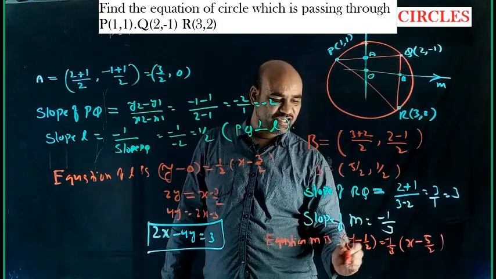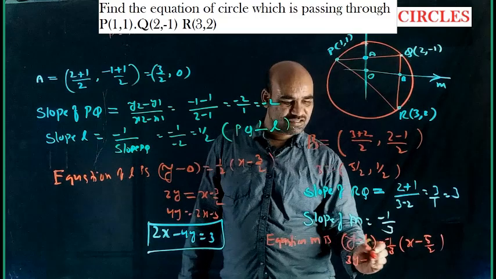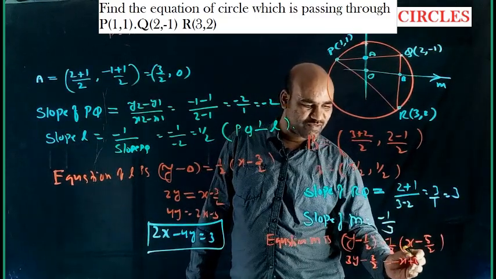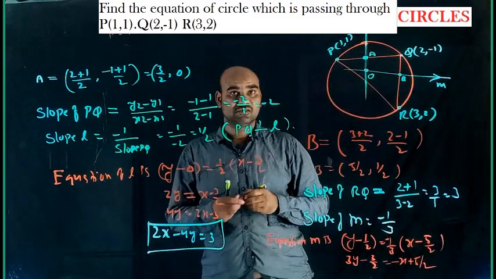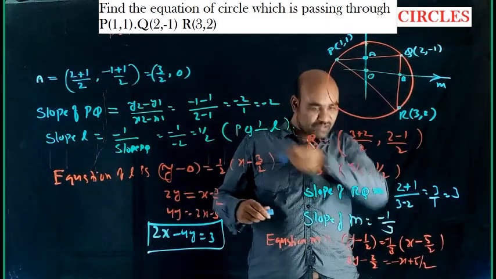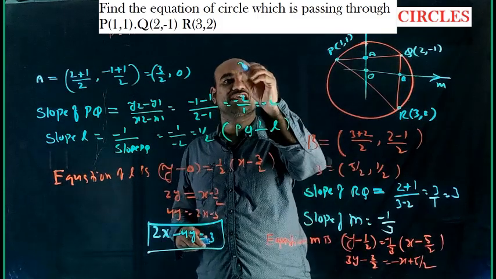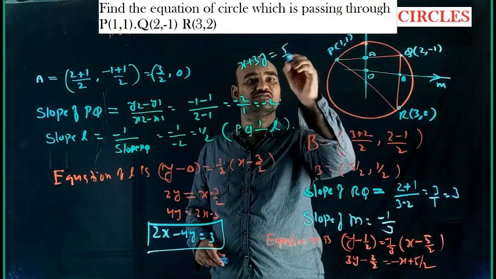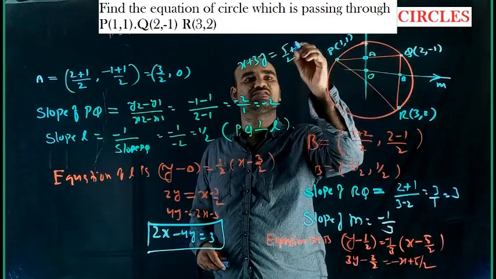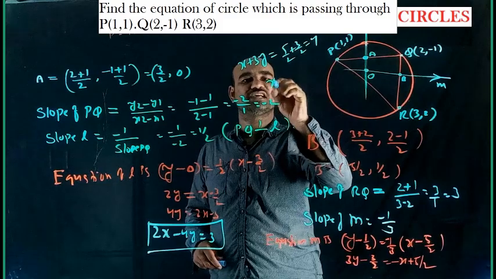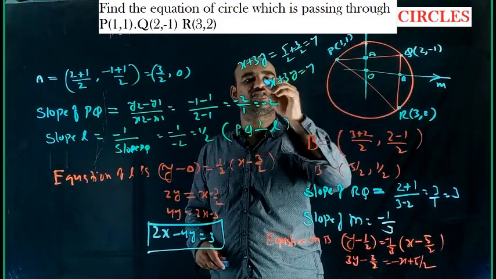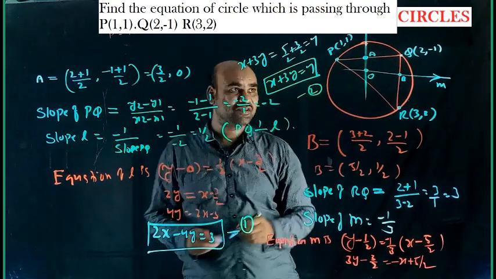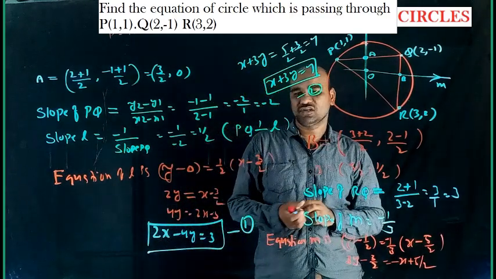So this is 3y minus 3 by 2 equal to minus x plus 5 by 2. In other words, x plus 3y equal to 5 by 2 plus 3 by 2, that is x plus 3y equal to 4. This is the equation of the line M. This is the equation of line L. By solving those two equations, you get the center.